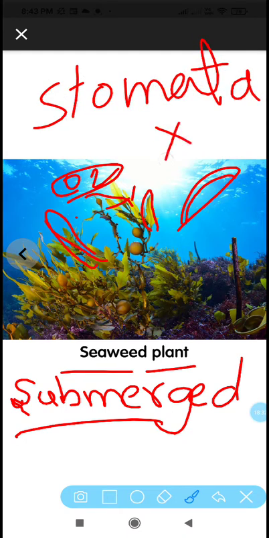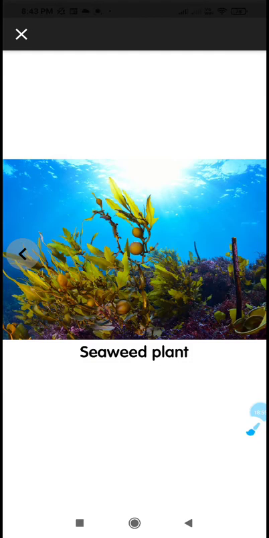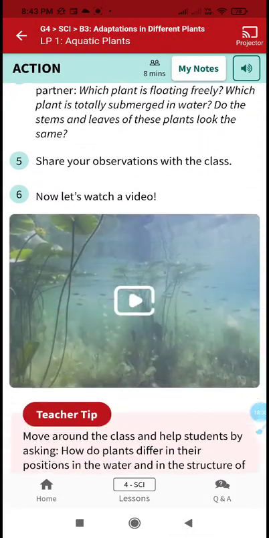Why are stomata not present in submerged plants? Because they can directly take the oxygen from water. That's the reason they do not have stomata. Understood, children? So these are the characters of different aquatic plants.